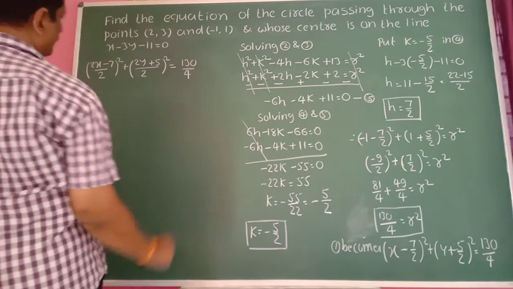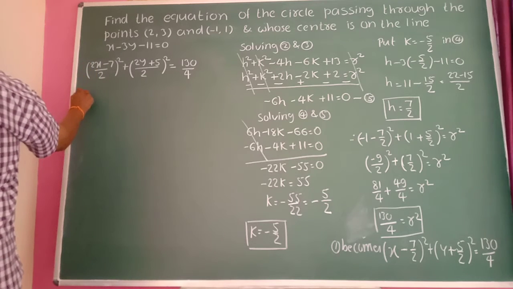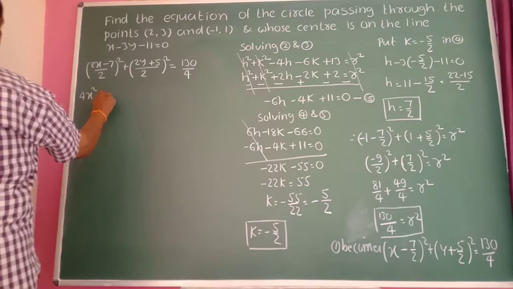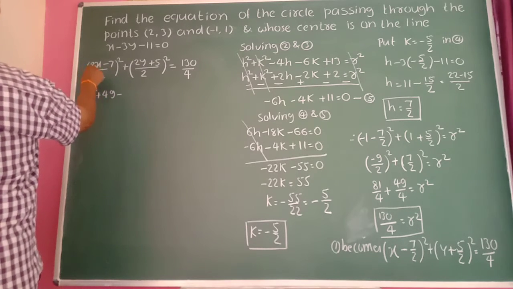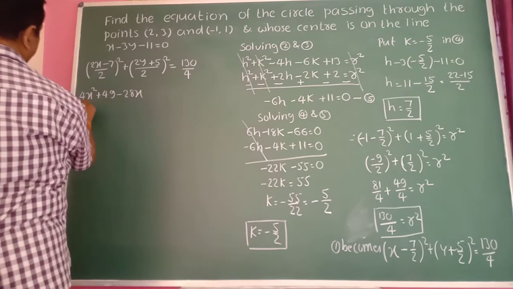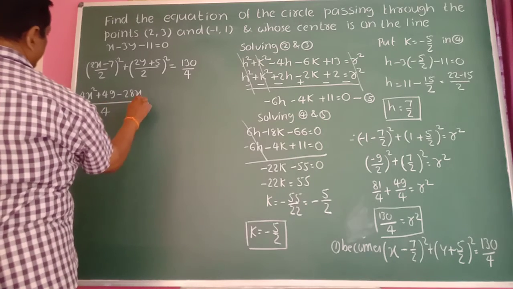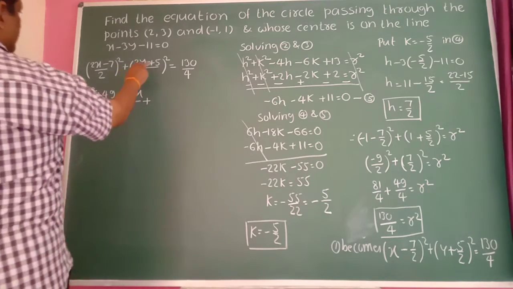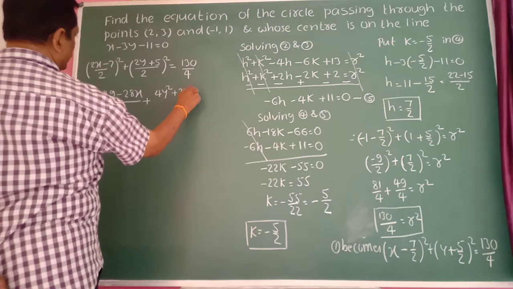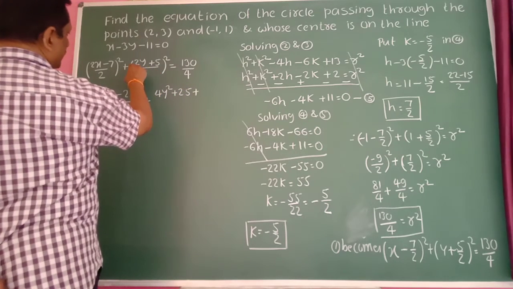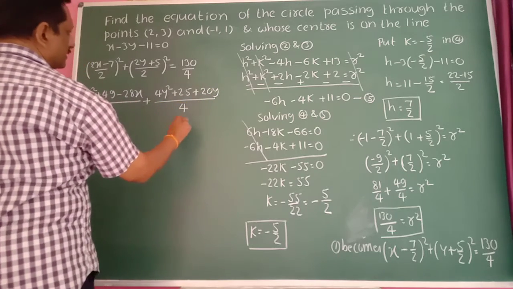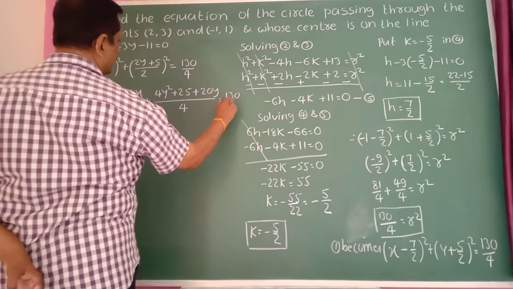Then 2x minus 7 whole squared is 4x square plus 7 squared is 49, minus 7 twos are 14, 14 twos are 28, so 28x divided by 4. Then 2y plus 5 whole squared is 4y square plus 25 plus 5 twos are 10, 10 twos are 20, so 20y divided by 4, equal to 130 divided by 4.